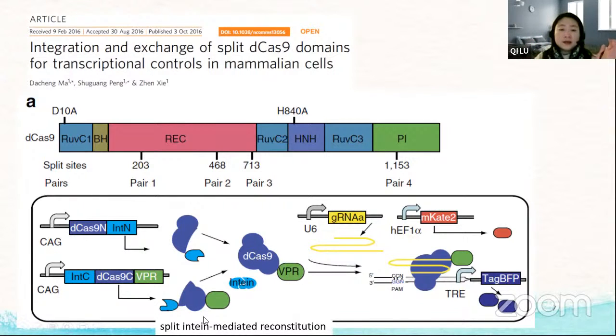This binding is due to a protein in the middle called an intein, and this intein will be cut off. Then the whole intact device binds to RNA, recognizes the genome sequence, then starts the activation of gene transcription.